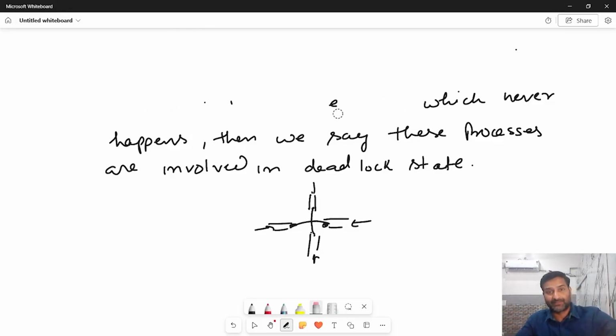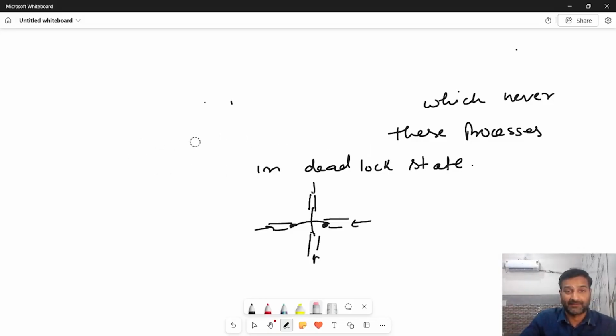Now, technically, we will try to understand what exactly causes deadlock when we are dealing with process synchronization, especially using semaphores.